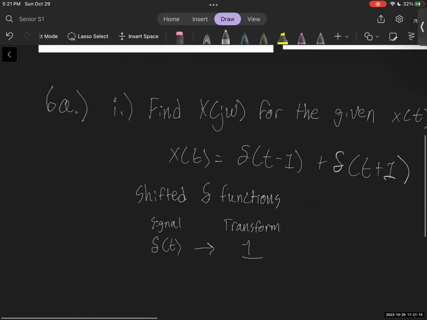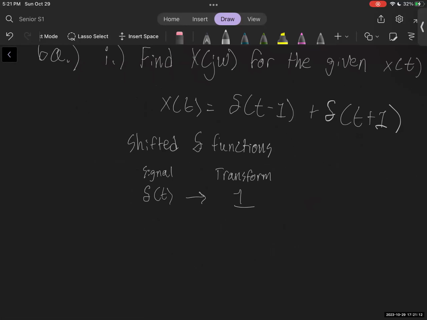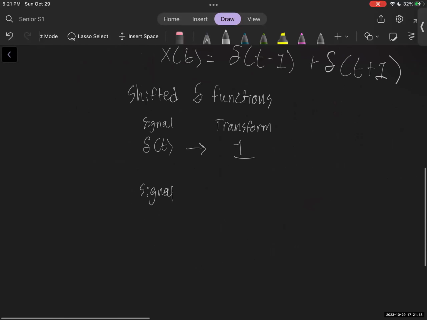So we know if we have signal x of t minus t naught, we're going to get the transform e to the minus j omega t naught times X of j omega.